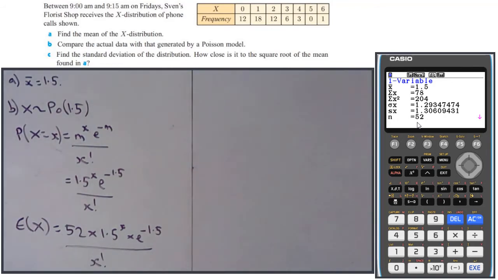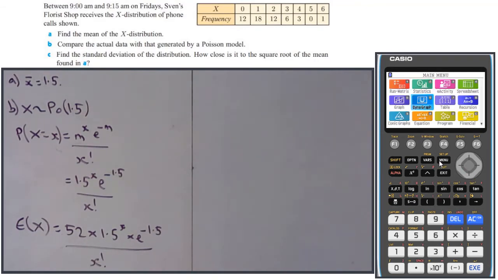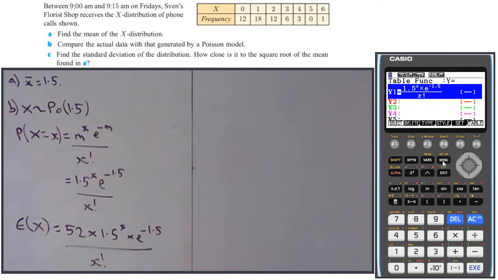So if I just go back and put that 52 in, it should turn these into expected frequencies, which I can compare. I go back to table mode, go into the function, and do 52 times. Go back to our table, and here we now have some frequencies that actually look quite similar.